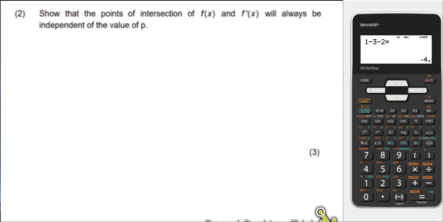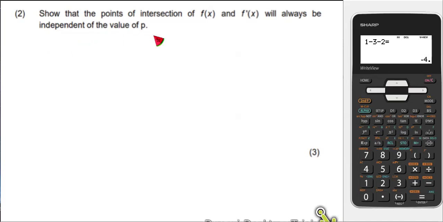All right, looking at this next one, let's see what's happening here. It says to show that the points of intersection of f and its derivative will always be independent of the value of p.